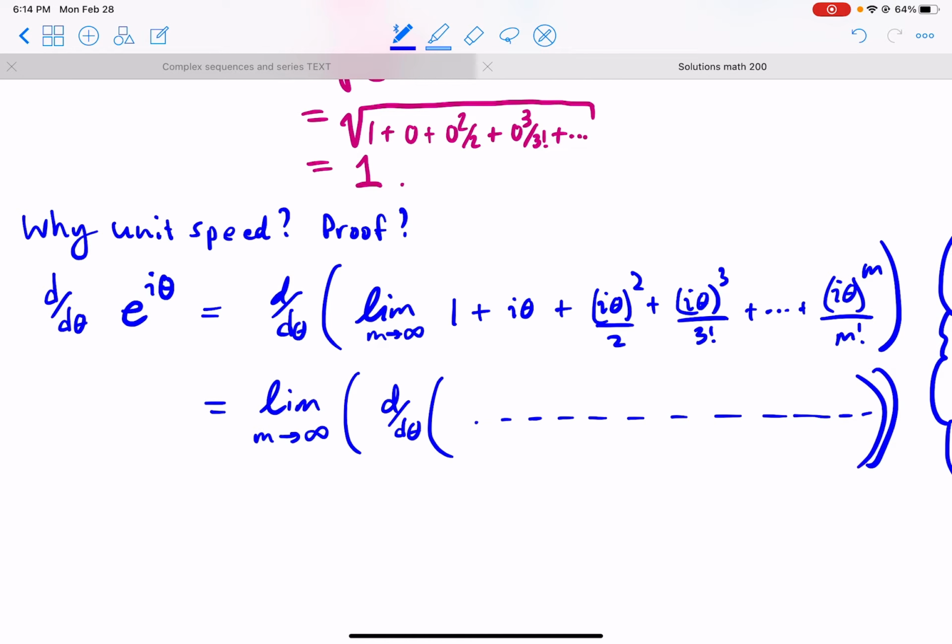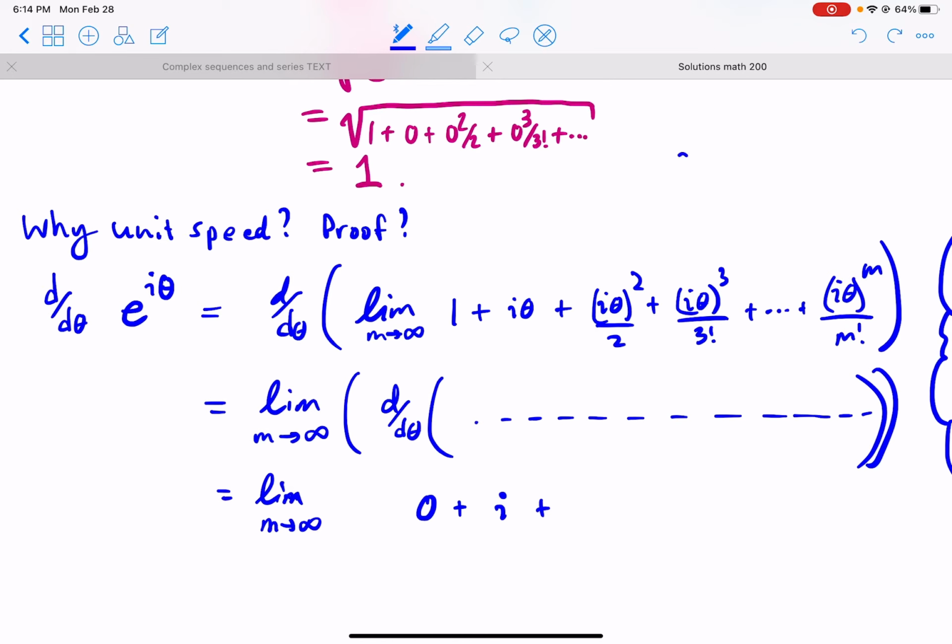Now, what do we get? Well, we get the limit as m goes to infinity of what? So the derivative of 1 with respect to theta is 0. The derivative of i theta with respect to theta. Derivative of this with respect to theta.